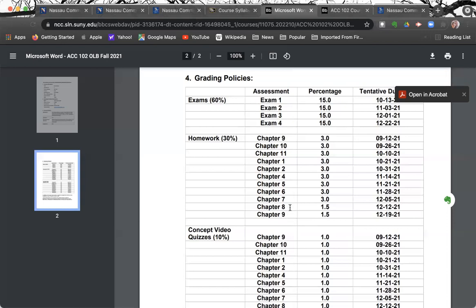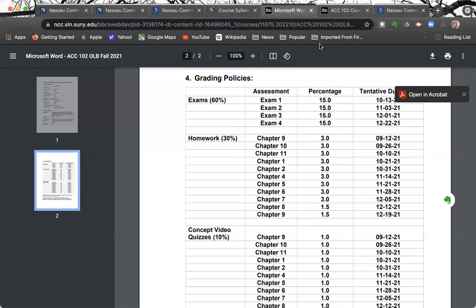If you were to add chapter 8 and 9 together, it might come out to 1 chapter. In the beginning, we cover most of chapter 9, chapter 10, chapter 11, even chapters 1 and 2. But after we get past that, we don't cover everything in the chapter.